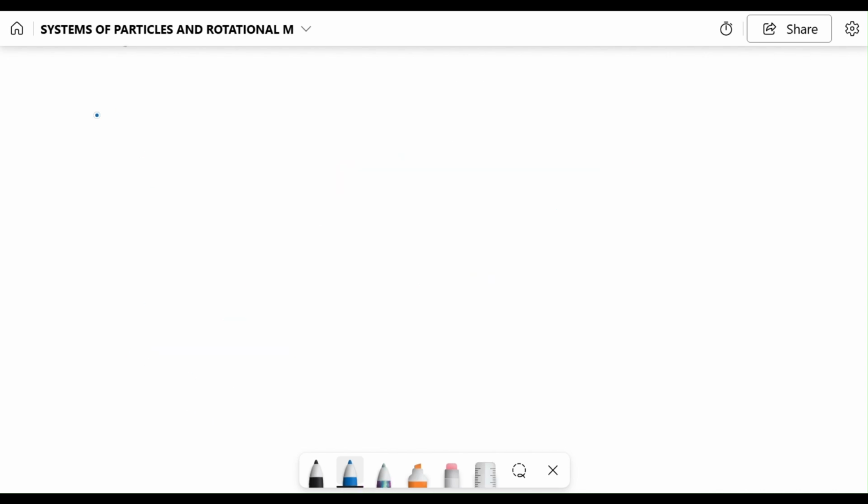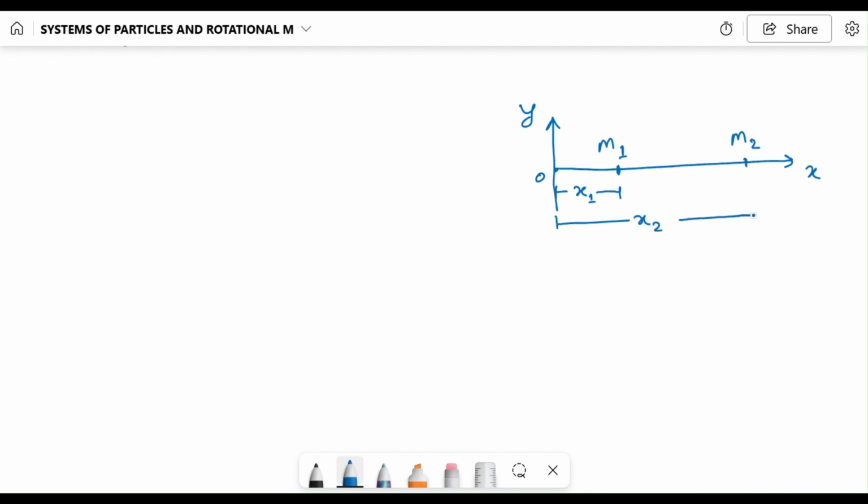Take this scenario. Let's say this is the y-axis, this is the x-axis, and we have two masses here. Here we have one mass, let's call it m1, and here we have another mass, let's call it m2. This is our reference point, and this mass is at location x1, and this is at x2.